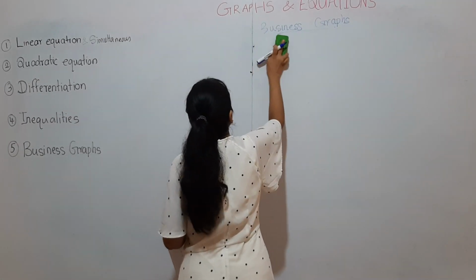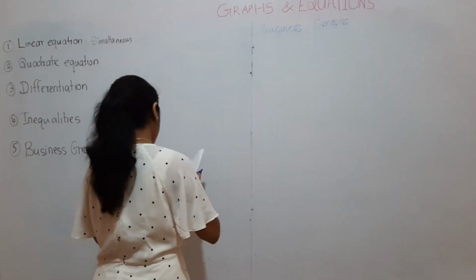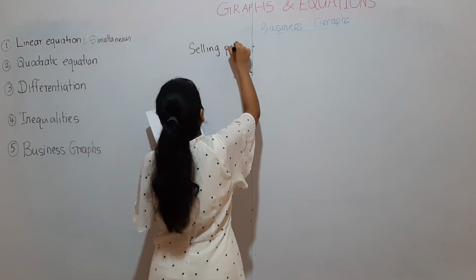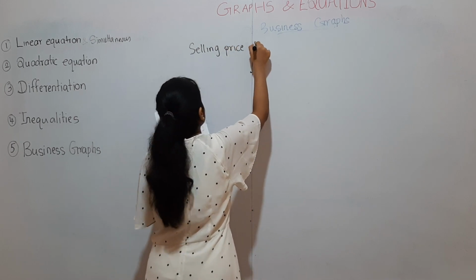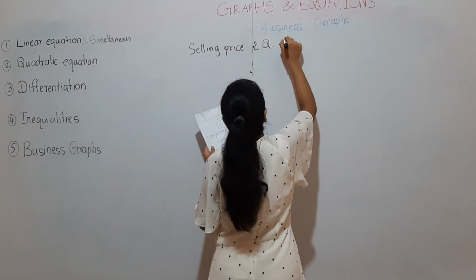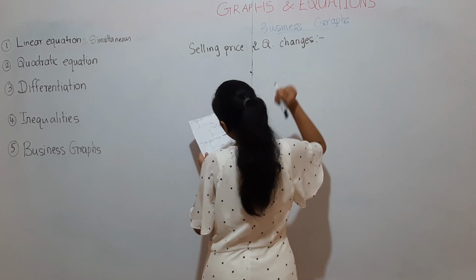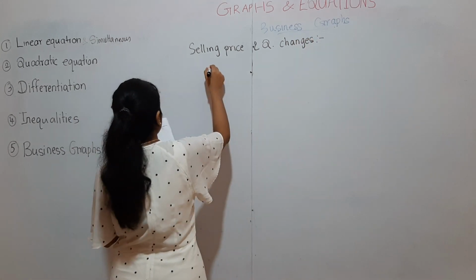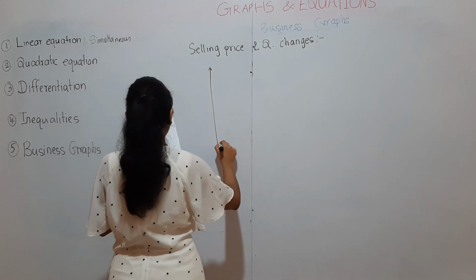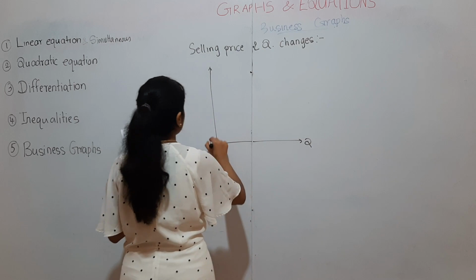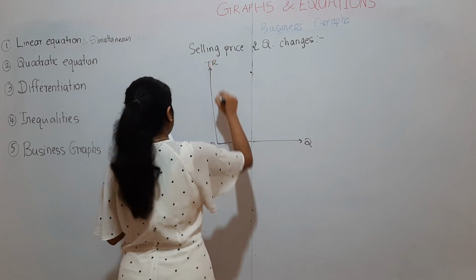From the revenue point of view, if the selling price and quantity both change, okay, that means the gradient is changing, then your total revenue curve will become something like this.